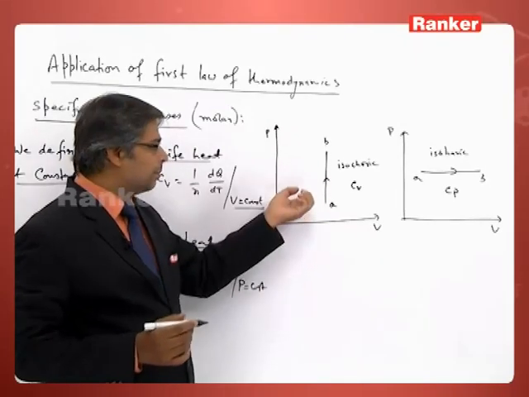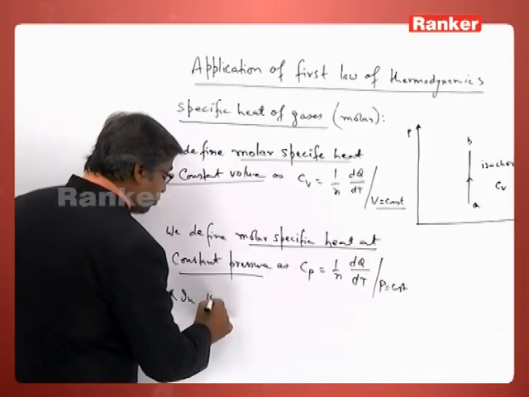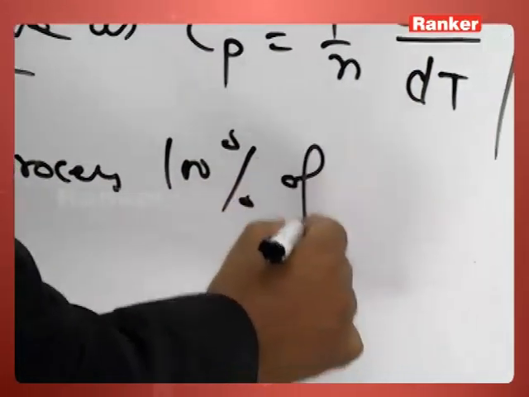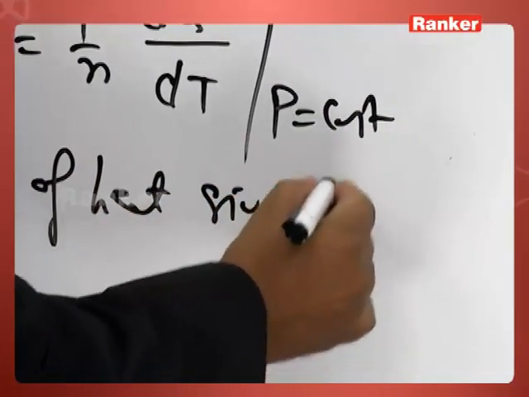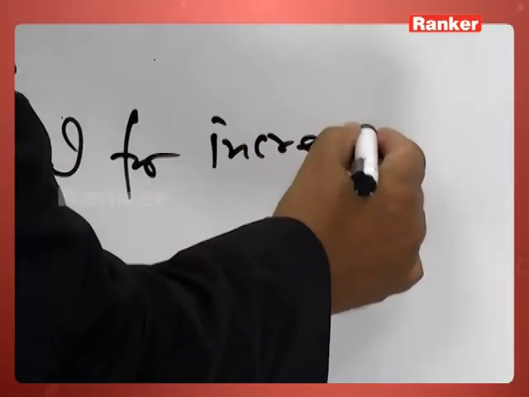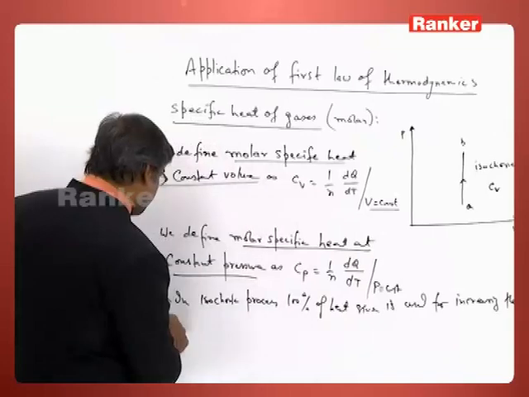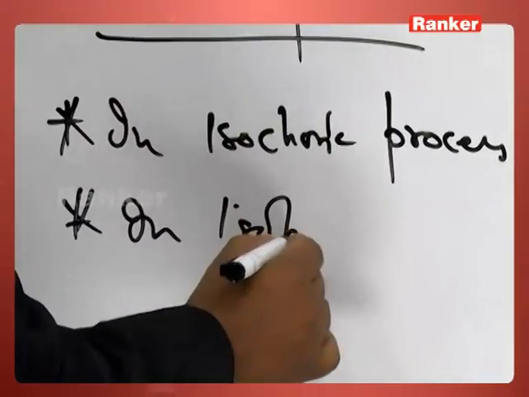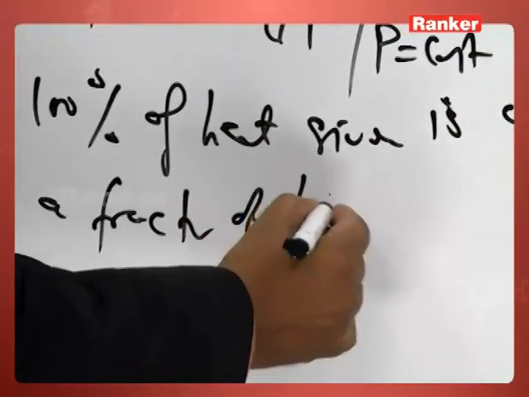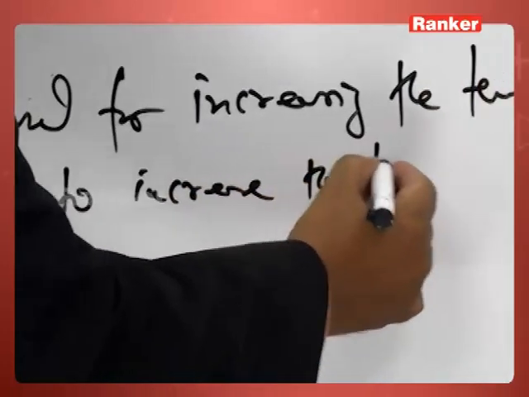So an important point: in an isochoric process, 100% of the heat given is used for increasing the temperature, whereas in an isobaric process, only a fraction of the heat is used to increase the temperature.